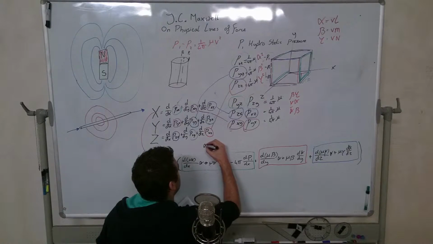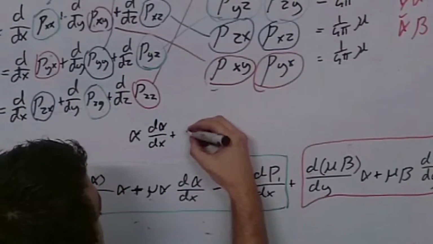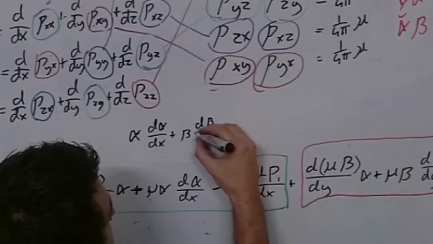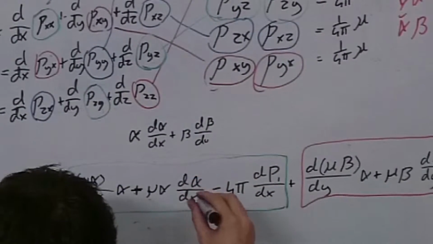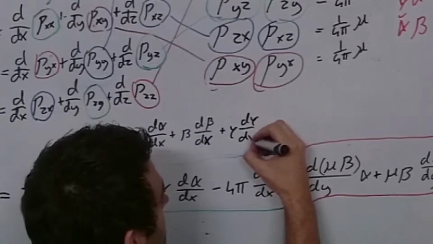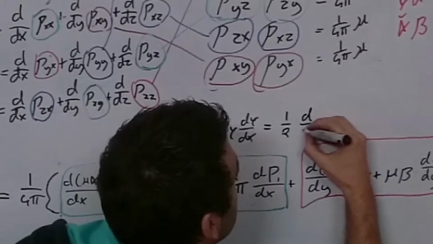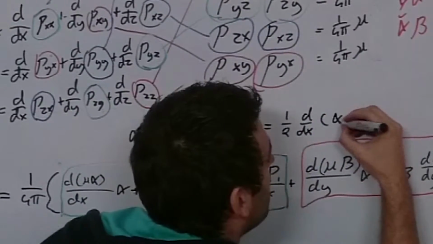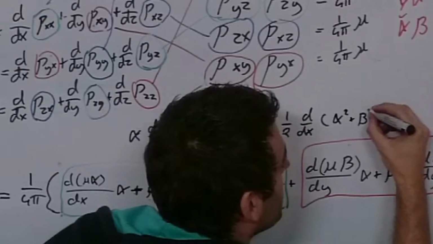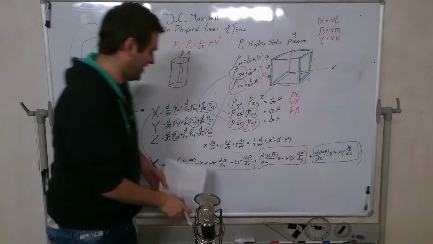Alpha times d alpha dx plus beta d beta dx plus gamma d gamma dx is equal to a half d dx of alpha squared plus beta squared plus gamma squared. A little bit easier.